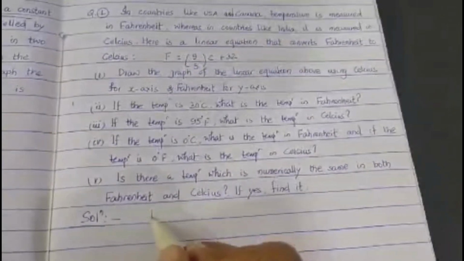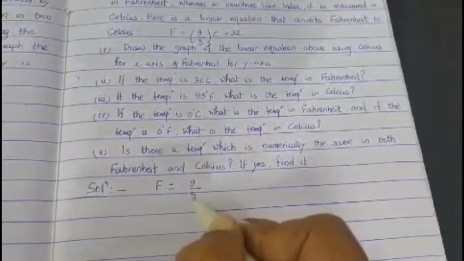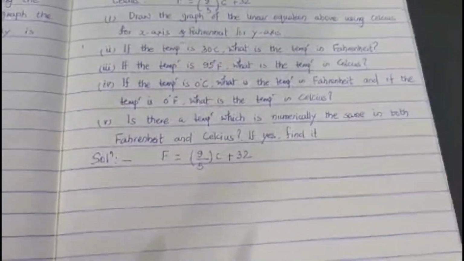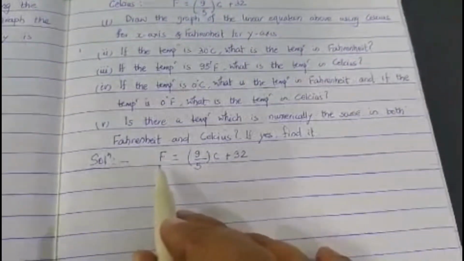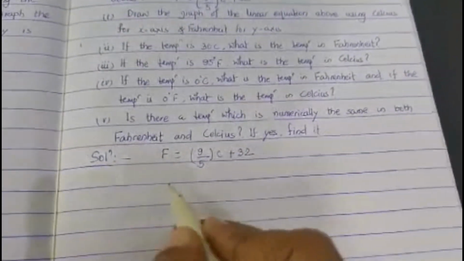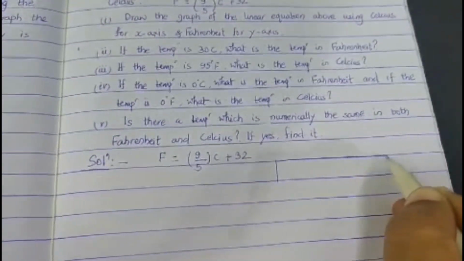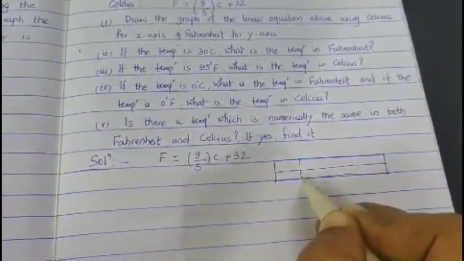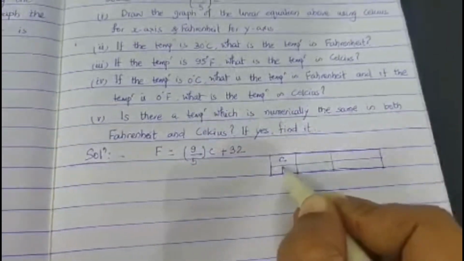So we have been given the equation, F equal to 9 by 5 C plus 32. It's already been given in the form which we want, and it is also given to take F as y and C as x. So we will draw the table here, and we will keep C in the x coordinate and F in the y coordinate.